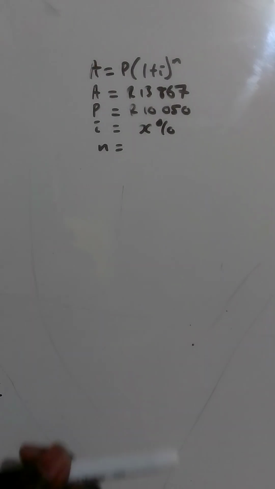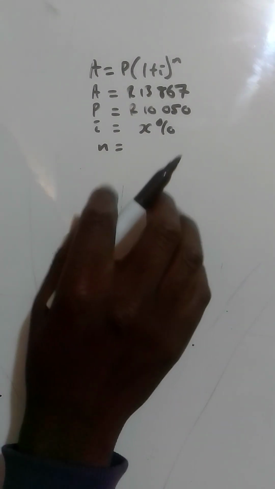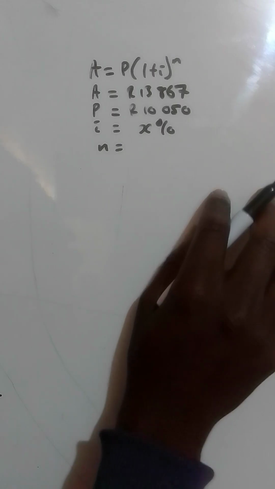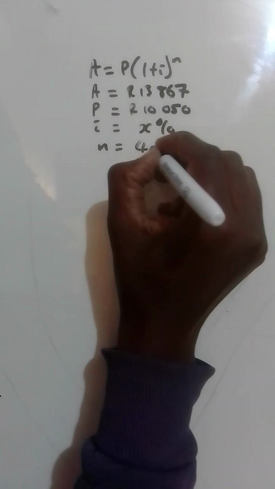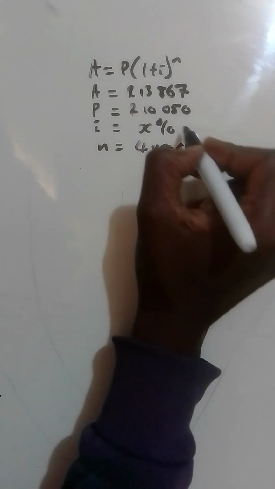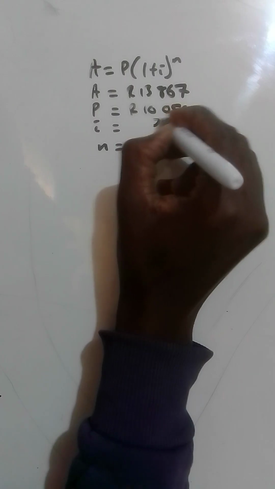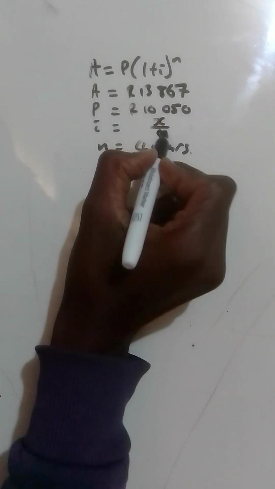And then n, remember, it was from January 2020 to January 2024, which means that it is 4 years. We were also told that it was accumulating on a quarterly basis. So this x%, it's supposed to be written as x over 4 to accommodate the compounding period.